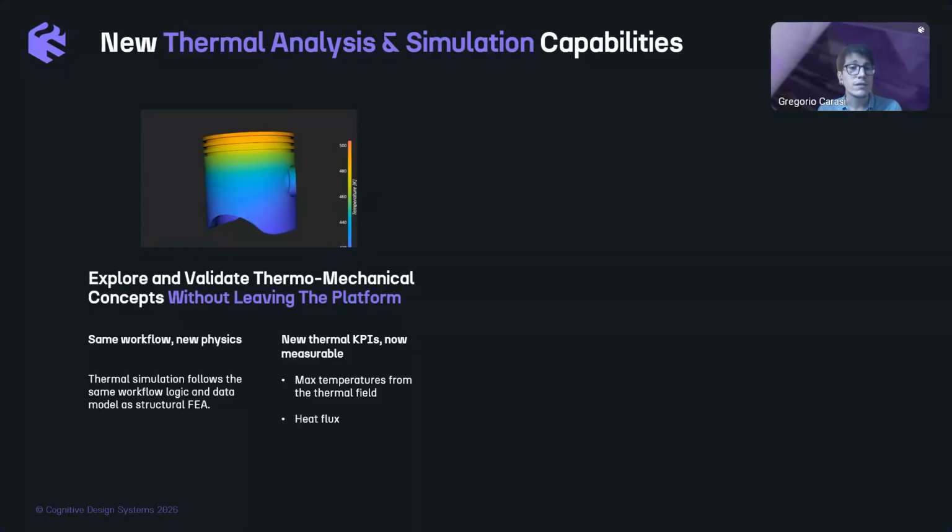We also added new KPIs which come from this new thermal analysis, which is mainly the max temperature that comes from the thermal field. With this you will be able to do design exploration, not only looking at structural performance, but also thermal analysis.